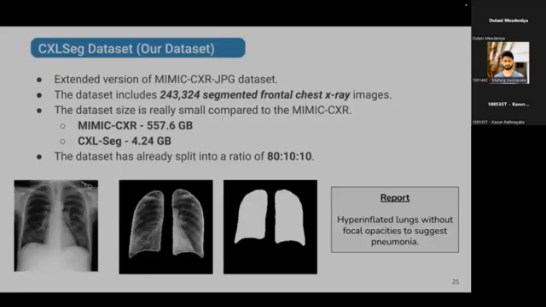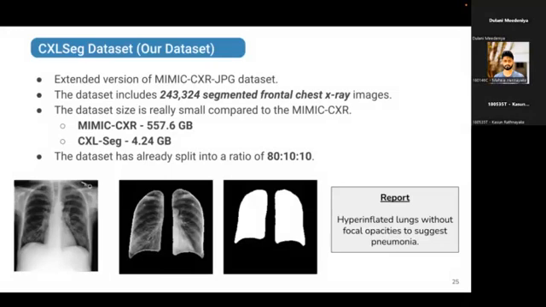Yeah, and next. So this is the CXR-SEG dataset. CXR-SEG is a segmented chest X-ray dataset introduced by our team, and it is an extended version of the previously discussed MIMIC-CXR JPEG dataset.